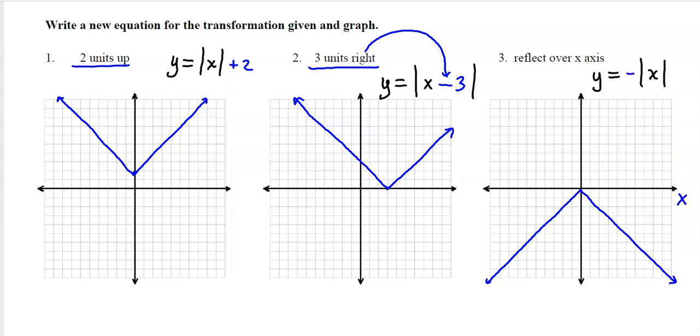If you put a negative sign in front, it's going to completely flip that thing all the way over to where it points down. We really can't reflect it across the y-axis, because if you start with a V and you reflect it, it's just going to end up being the same exact thing. So I won't be asking that question on this one.